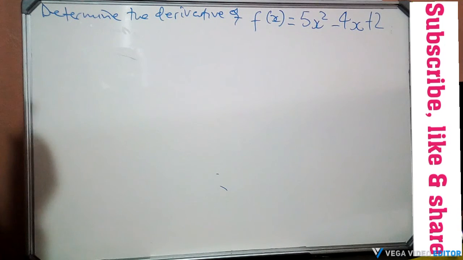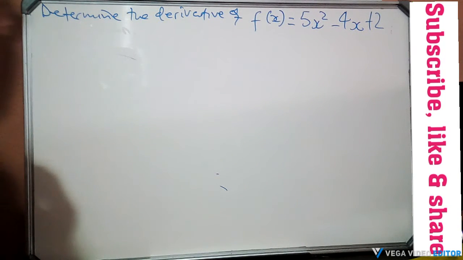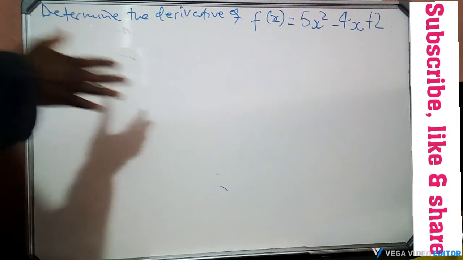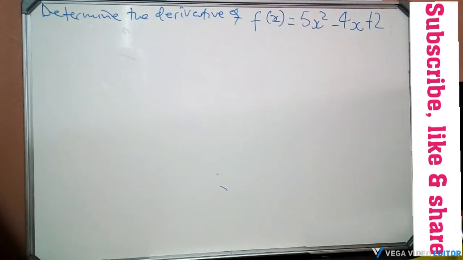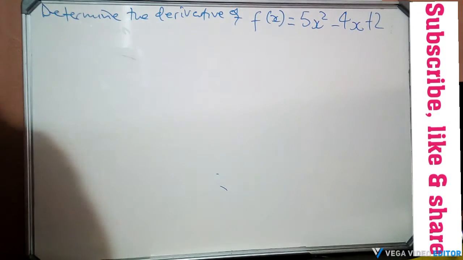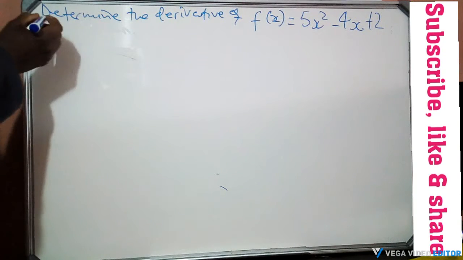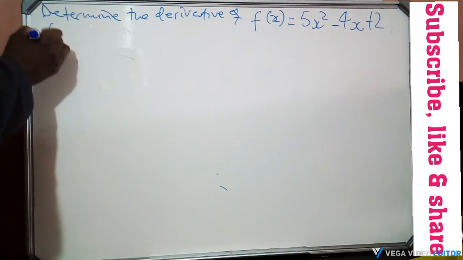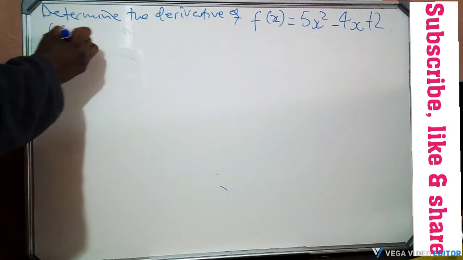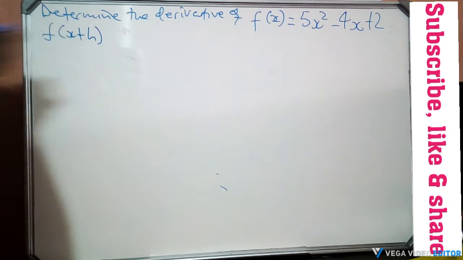All right, now remember, we're determining this using first principles, not any other method for now. Okay, so here, given that we know that the first step is to find f(x + h), all right?